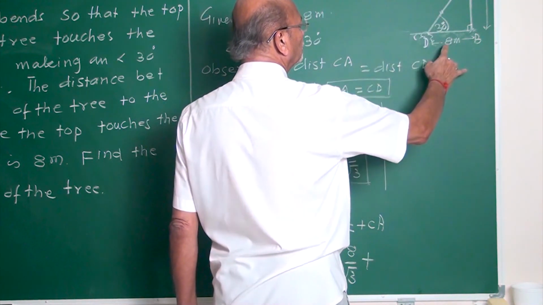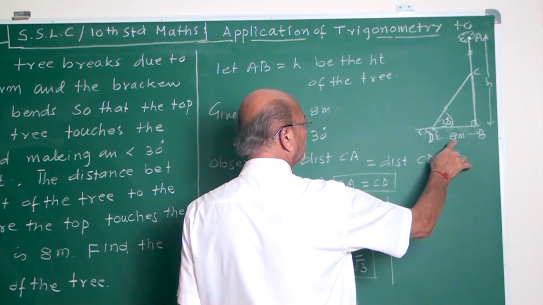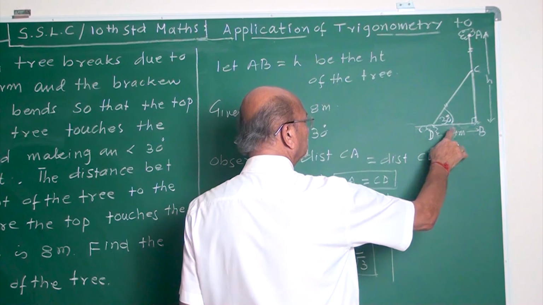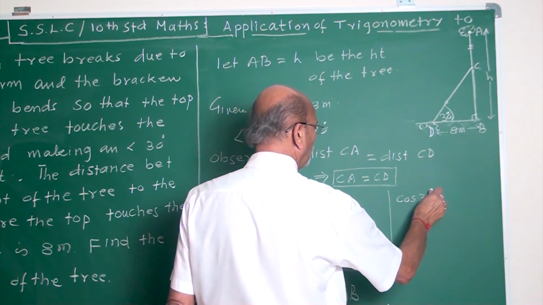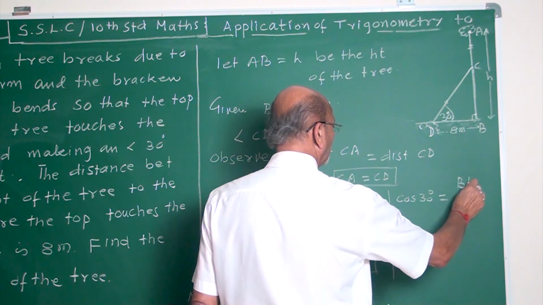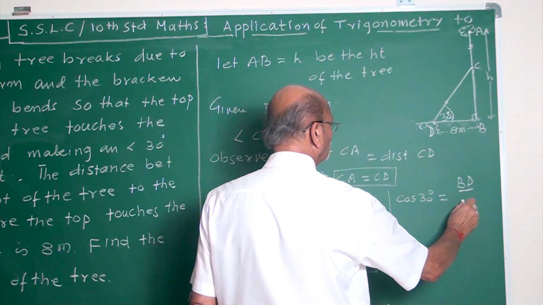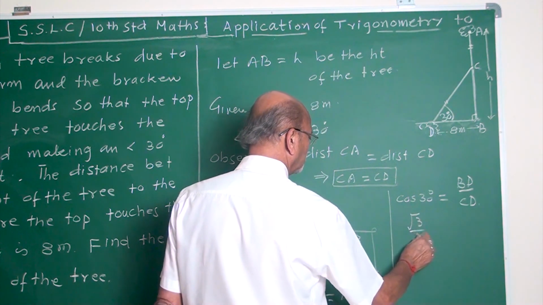CD is the hypotenuse. This adjacent side is given. Upon this, you can take cos 30, my friends. Cos 30 is BD, the adjacent side, upon CD, the hypotenuse. What is cos 30? Root 3 by 2.